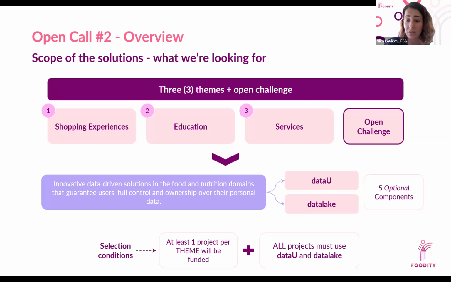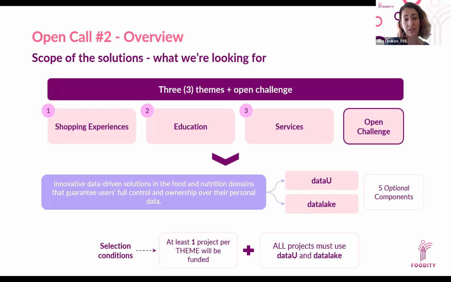We're interested in services. So perhaps you have a solution that can strengthen existing networks along the food supply chain, or you have solutions that allow for a shortened food supply chain and allow for more appropriate adherence to national and European food safety standards.